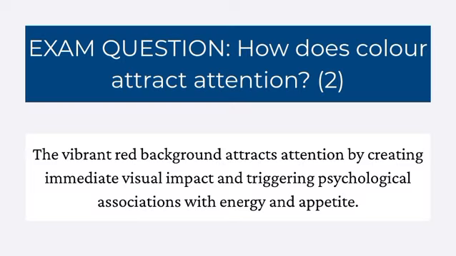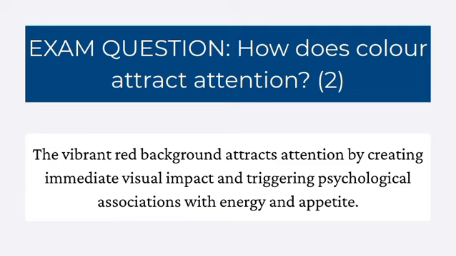Now here's what you need to write in your exam when they ask about attention. And actually, one of the real exam questions asked, explain how the use of color attracts the reader's attention. Here's a perfect PRE answer. The vibrant red background attracts attention by creating immediate visual impact and triggering psychological associations with energy and appetite.